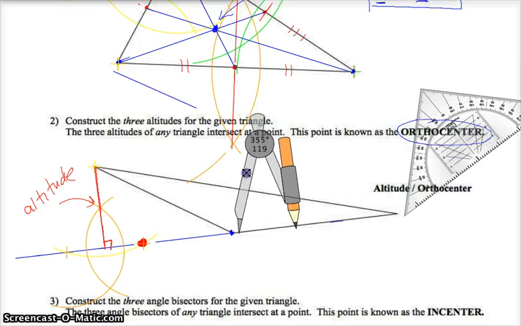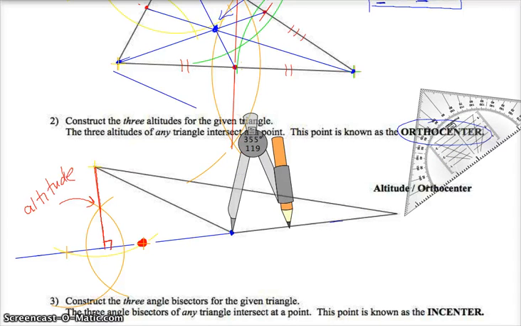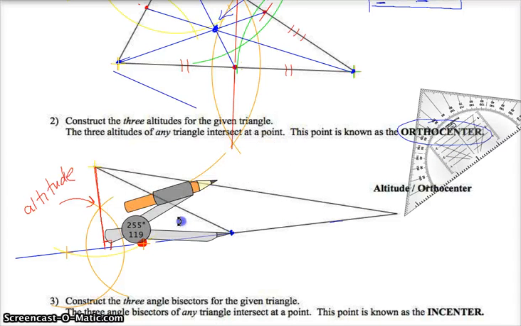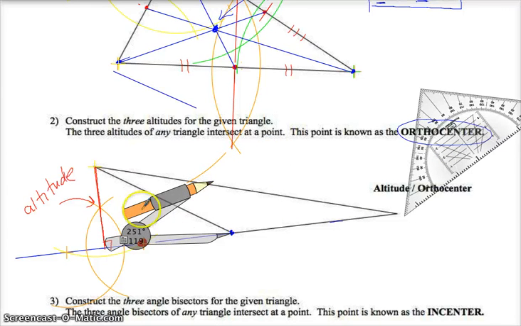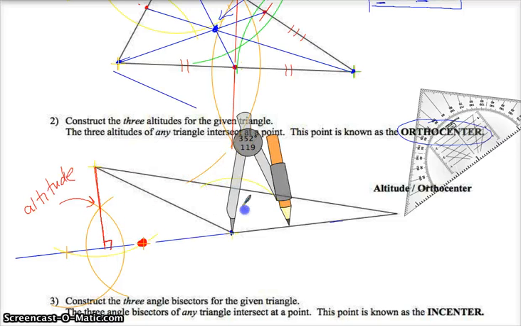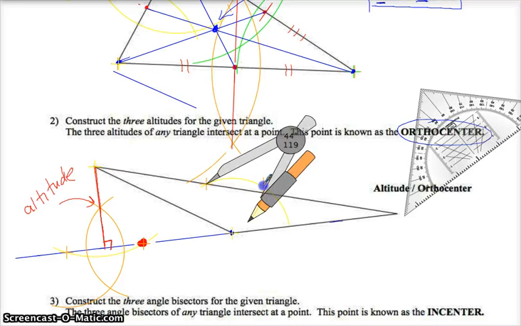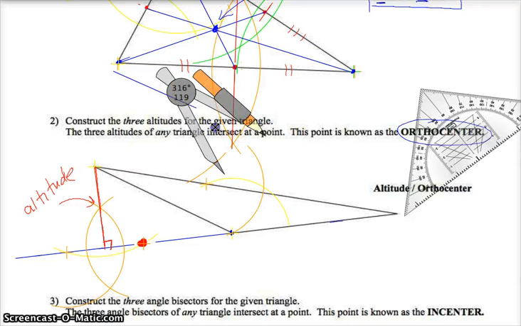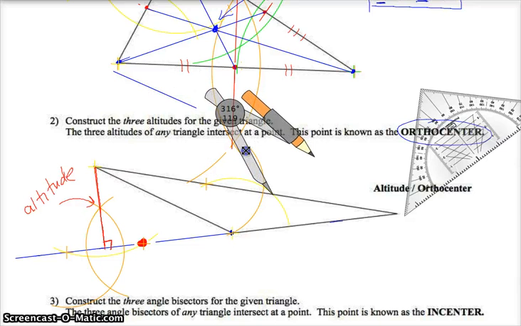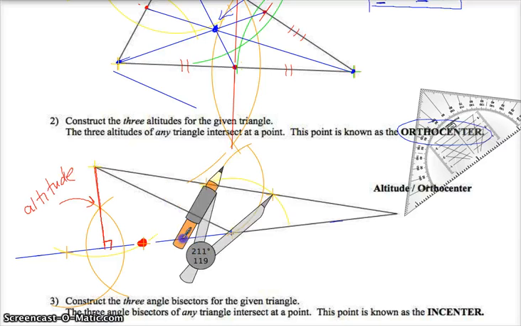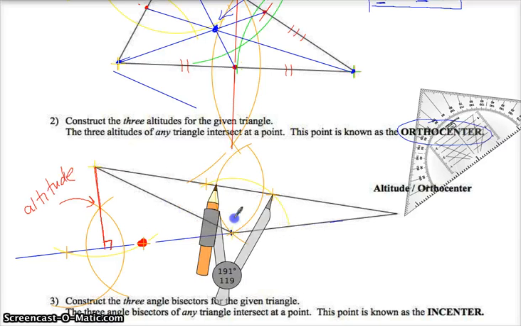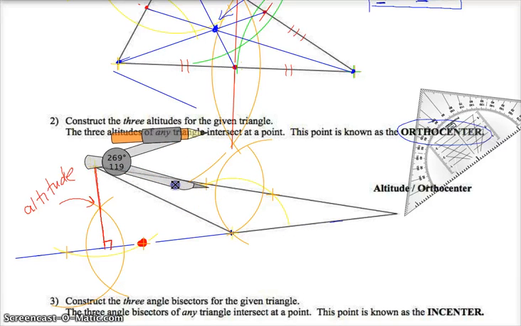Now I need to do one from this vertex. Well, this is a little easier because that's going to be on the inside of our triangle, right? So if I do my scoop here and here, that's nicer. And I go out here and I do my scoop above and below. I didn't quite do this one far enough.